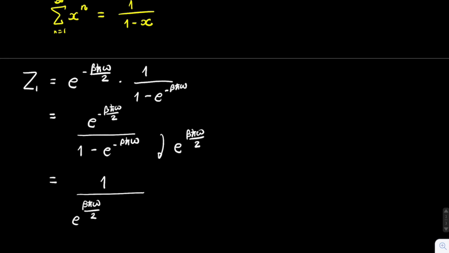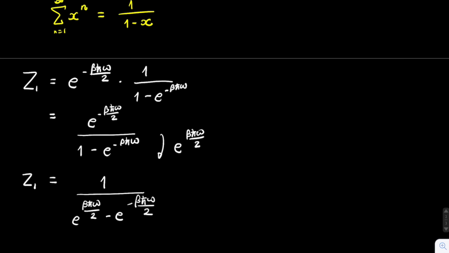And this term right here is just going to become e to the minus beta h bar omega over 2. So it's e to the minus beta h bar omega, we're adding the same thing over 2, so it's just going to become minus that over 2. And there we go. This is our partition function.